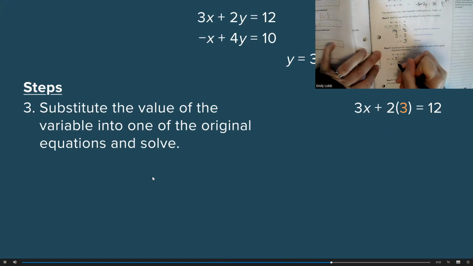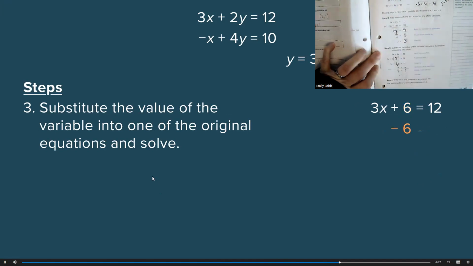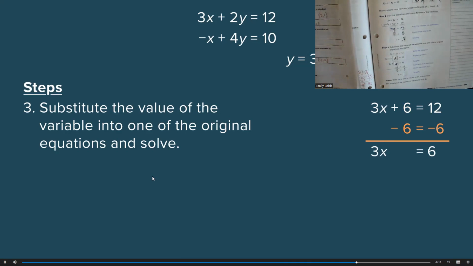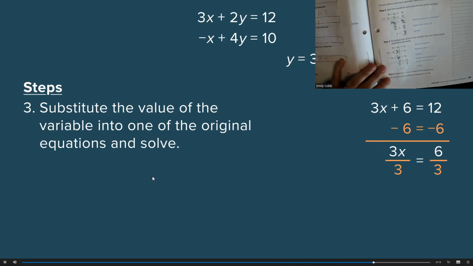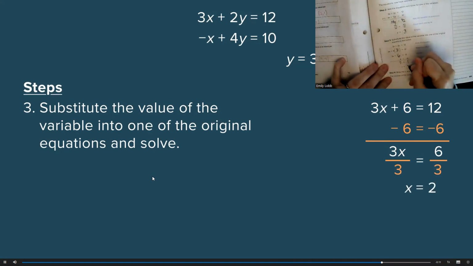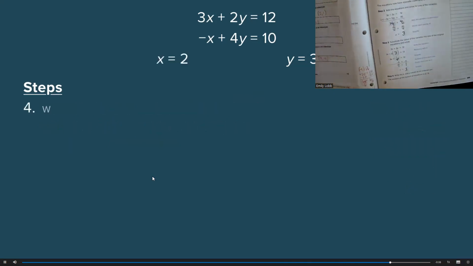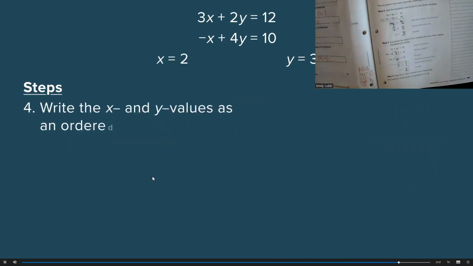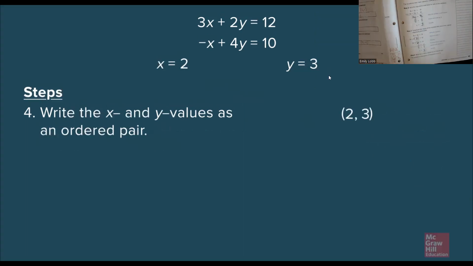Multiply 2 by 3. To get 6. Subtract 6 from each side. Then simplify. Divide each side by 3. X is equal to 2. 2. Finally, write the solution as an ordered pair. The solution of the system of equations is 2, 3.